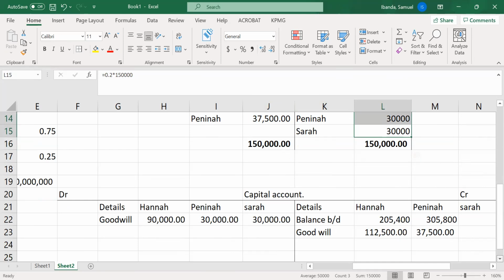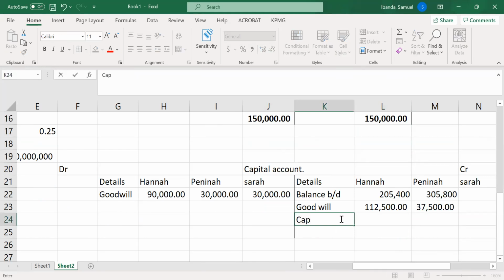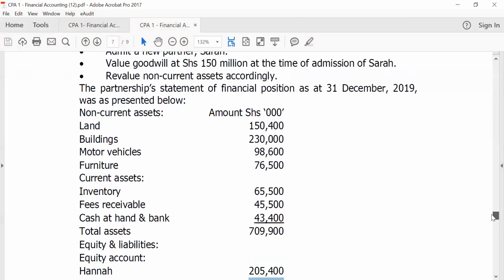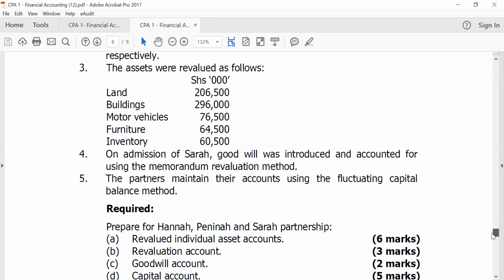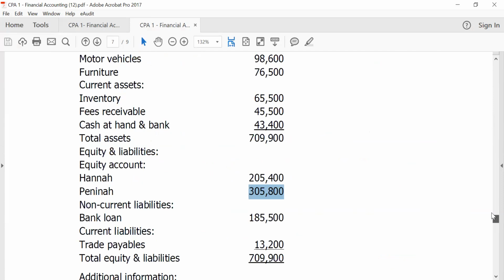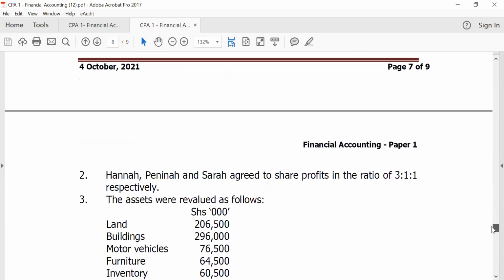one of the things that we need to also look at is, remember, we have capital contributions. We have a capital contribution by our new partner. When you look at this information here, I want to see Sarah's contribution.